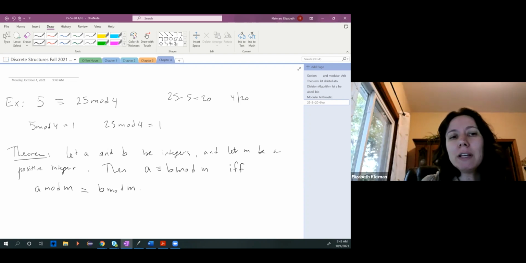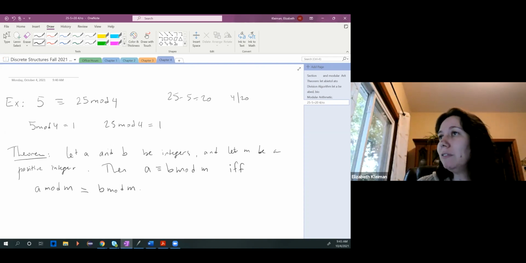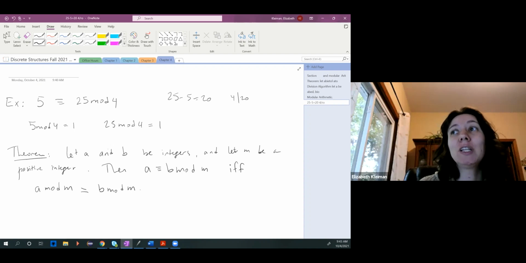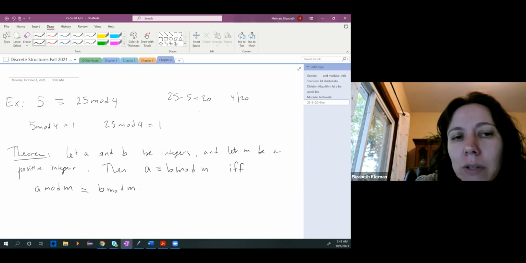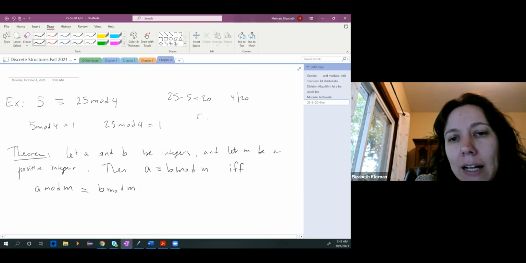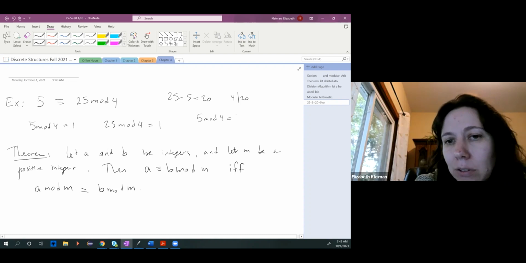So if you think about the exercise on the top, I can say 5 is congruent to 25 mod 4, but 5 is not equal to 25, correct? So it's not really equal to 25 mod 4. What we can also write is 5 mod 4 is really equal to 25 mod 4.